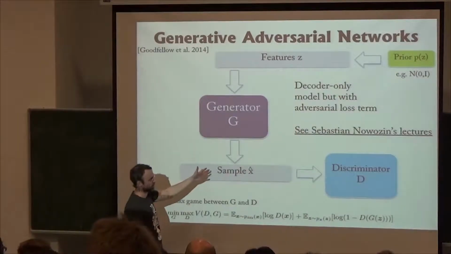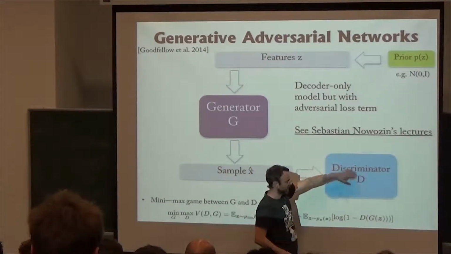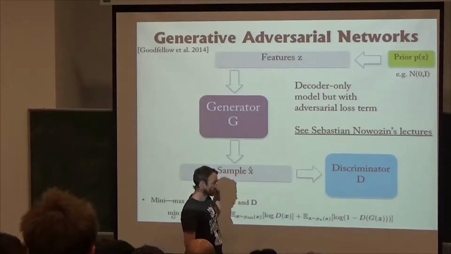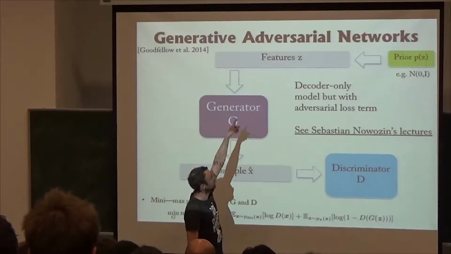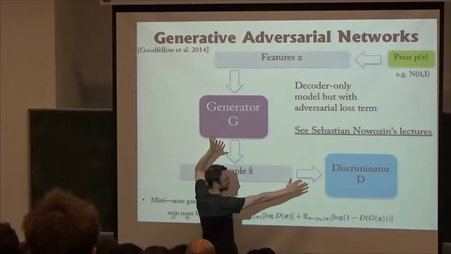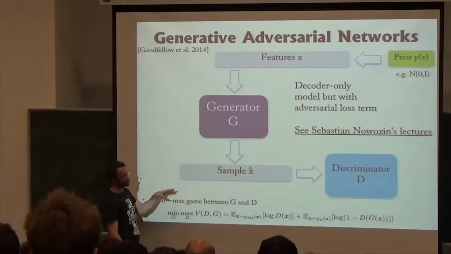In this one, you've got a slightly fancier loss function, which is actually a classifier trying to discriminate whether it's a real example from the training data or a generated example. These two are set up in an adversarial way, where they play a minimax game, with one trying to fool the other.